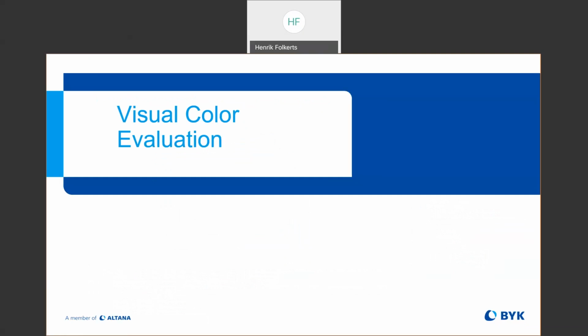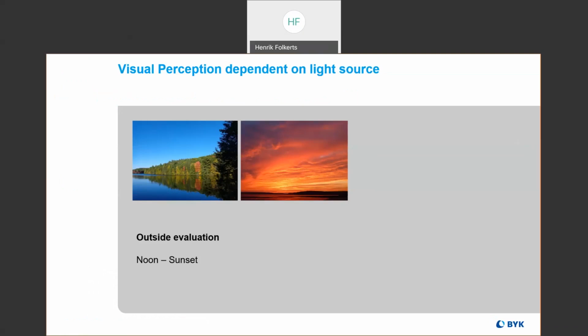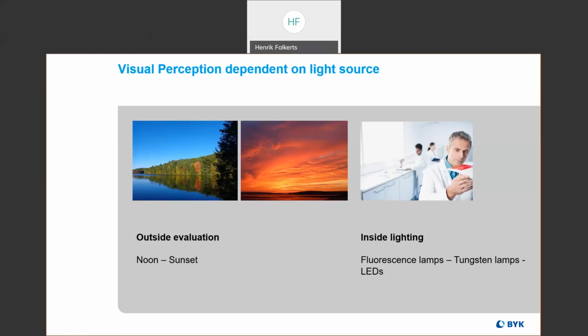And then that brings us to visual evaluation. So just briefly, visual perception is of course dependent on the light source. Different colors are going to look different depending on the ambient light. So colors are going to look different if you're outside in the middle of the day than they would at sunset. Also, inside lighting is going to look different than outside lighting.